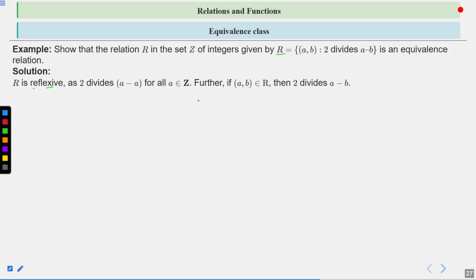If the difference a minus a is divisible by 2, then you can easily say that the pair belongs to R. Simple. So a minus a is 0, and indeed 0 is divisible by 2. So by the definition, we can say that your relation R is reflexive.